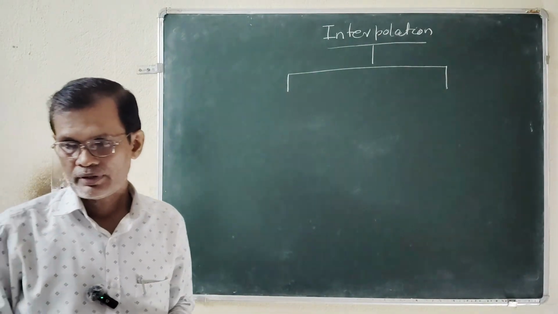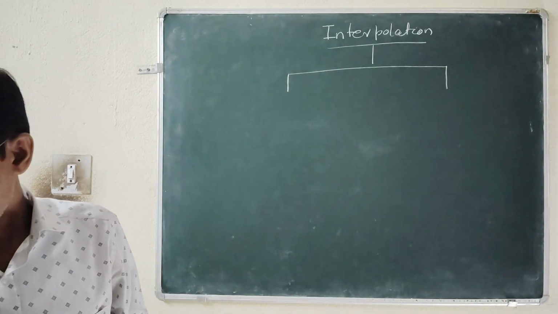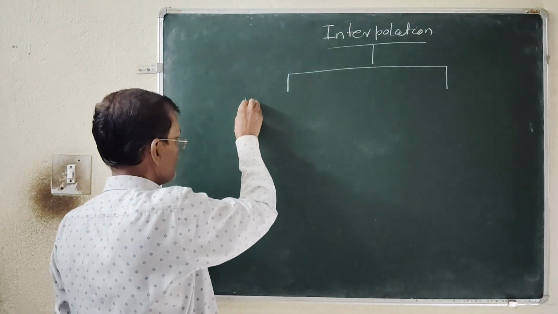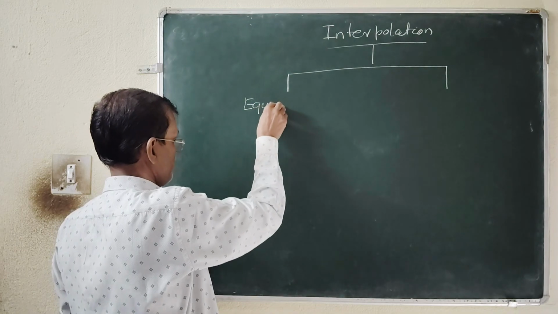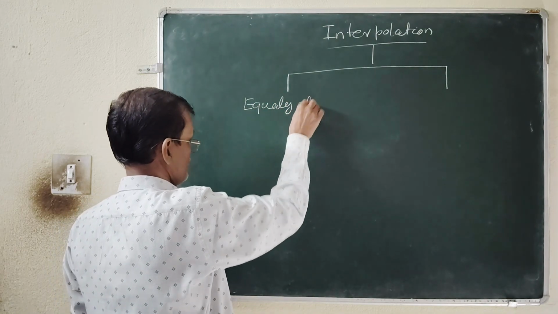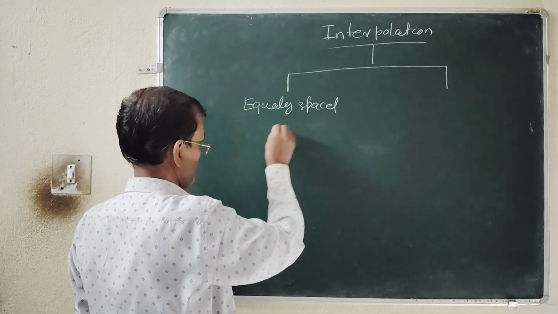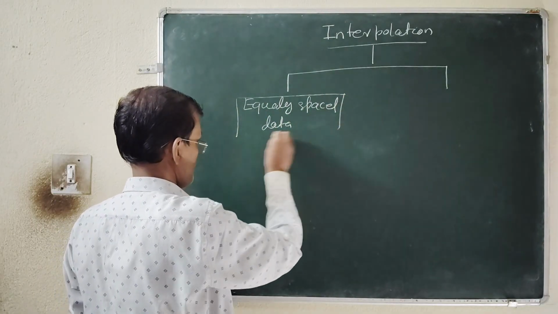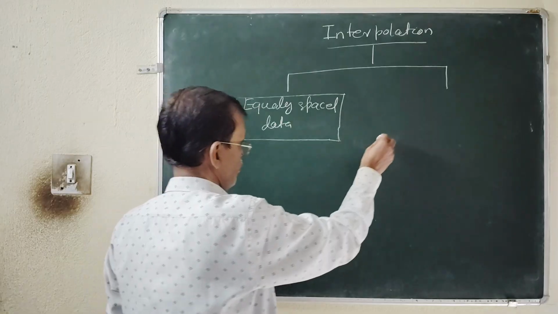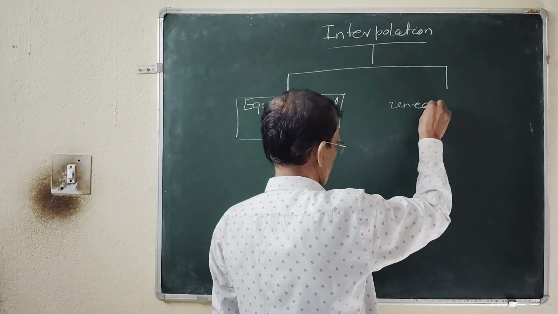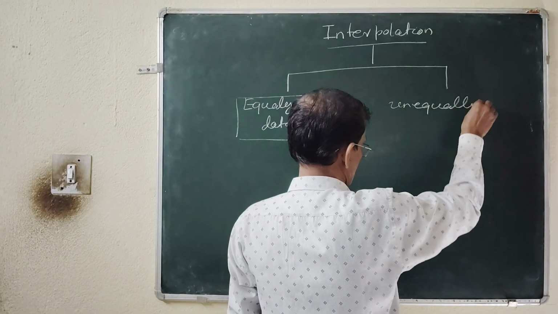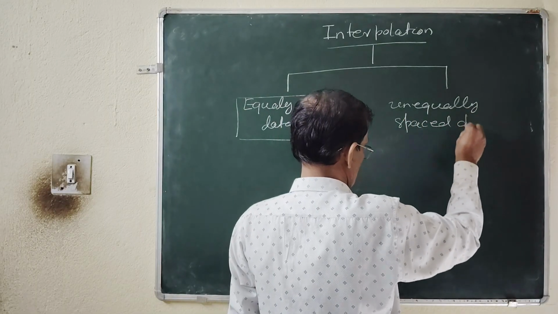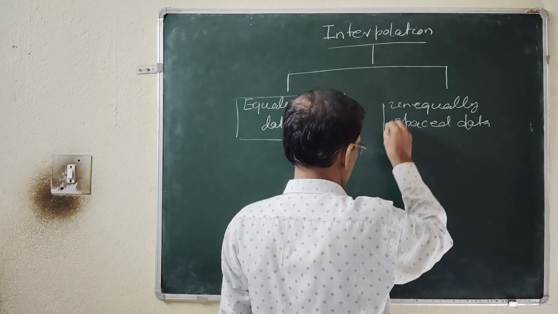These two different types are the interpolation for equally spaced data and unequally spaced data.